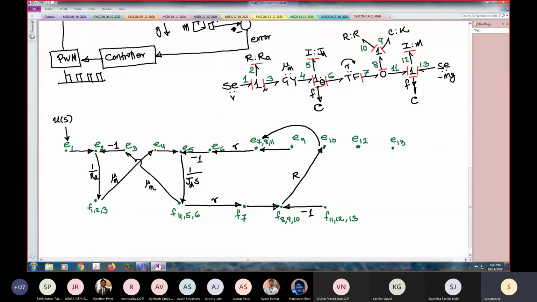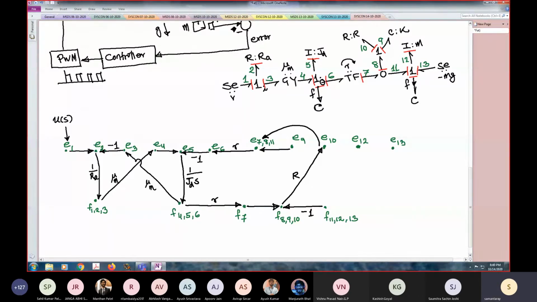And at bond number 9, what do we have? That is a spring. Flow 9 is input, effort 9 is output. So how do we calculate that effort? We integrate that flow and multiply with stiffness.